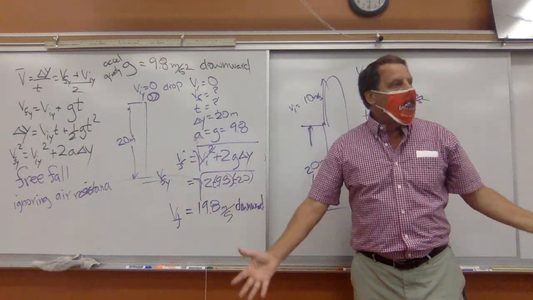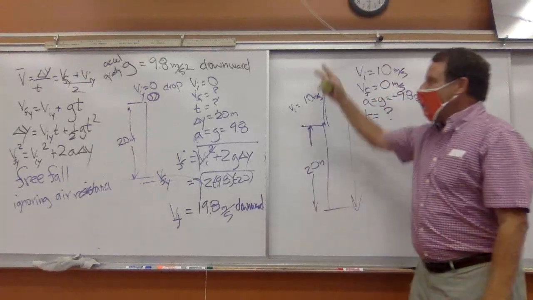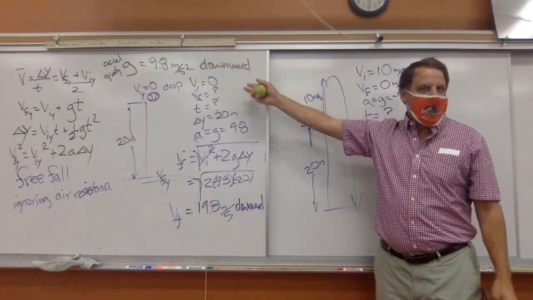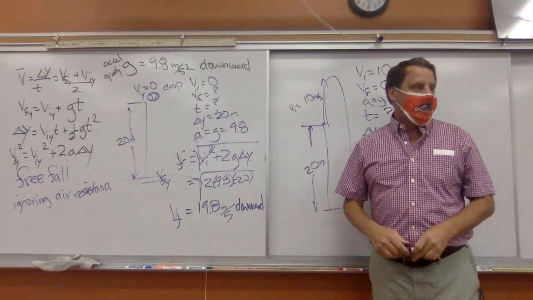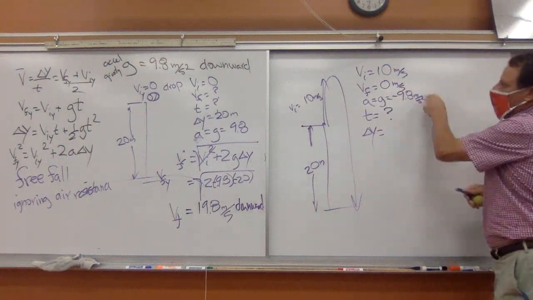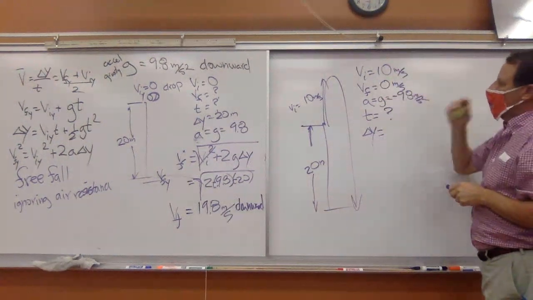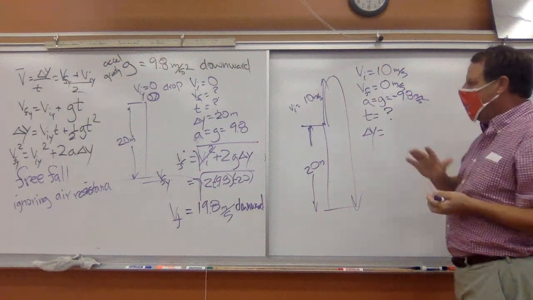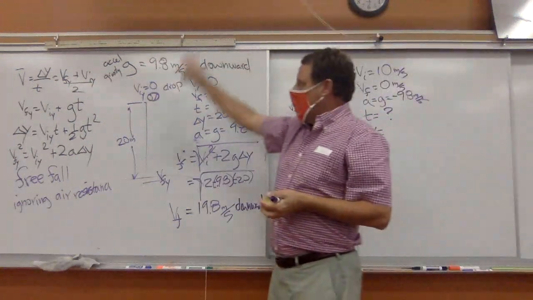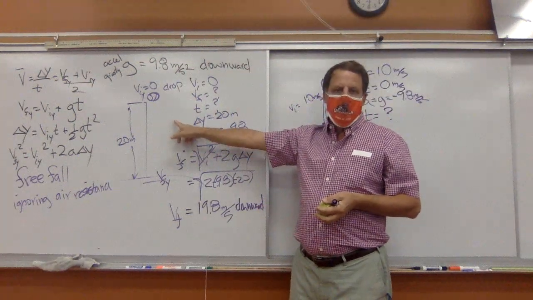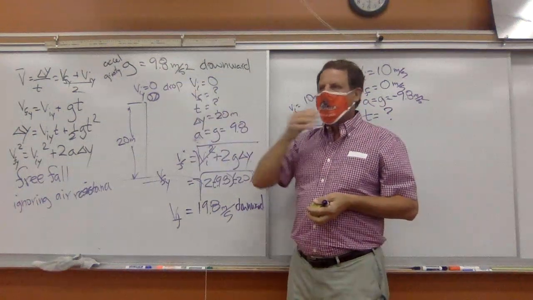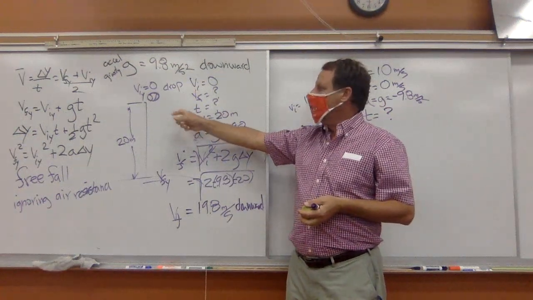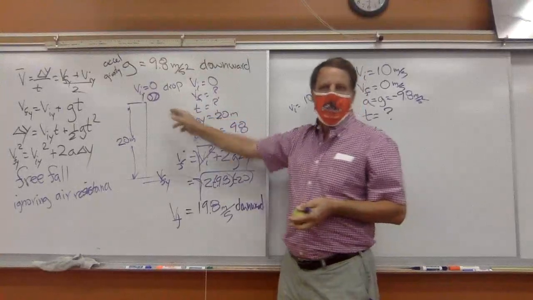Very obvious when we think about it, right? But when I give you these questions here, it looks like we don't have enough information, and that's one of those keys. All right, so now we are looking for time here, and I could have asked you for time here, but I kind of want to do this from this point of view here.